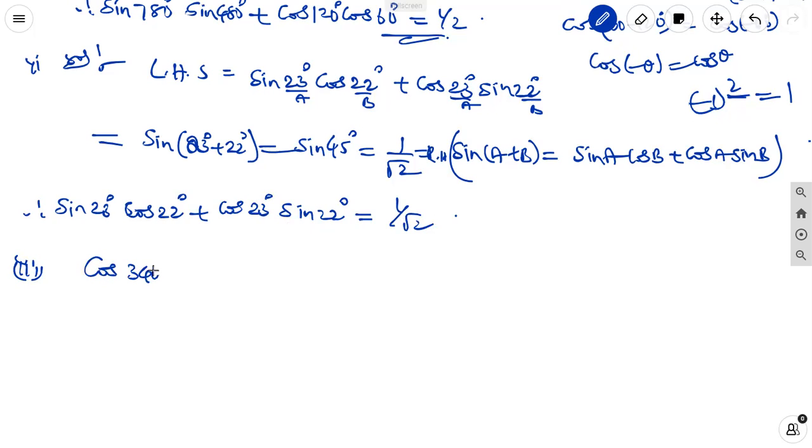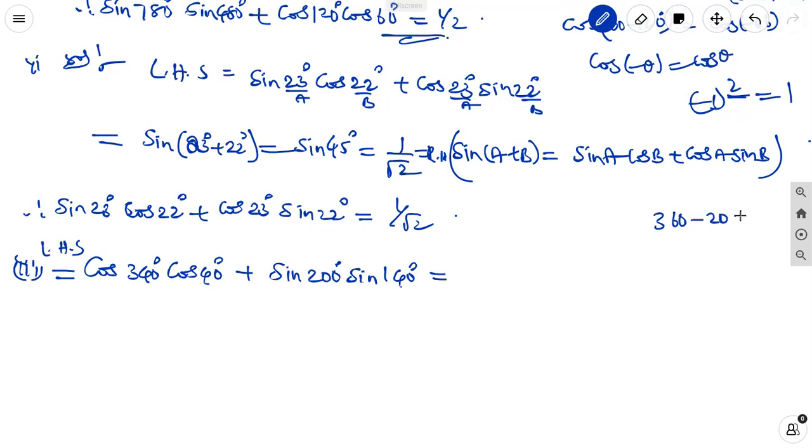Next, third one. Cos 340 degrees cos 40 degrees plus sine 200 degrees sine 140 degrees is equal to 1 by 2. We can take the LHS as this one. Again, 360 minus 20 is equal to 340. This is the 340 case. 40 is the acute angle, no worries about that.